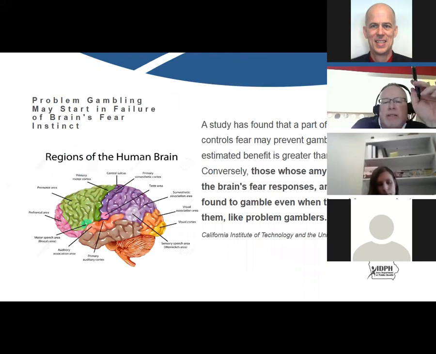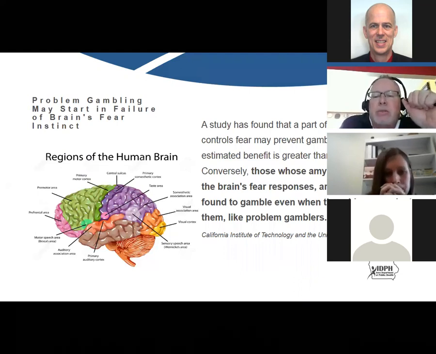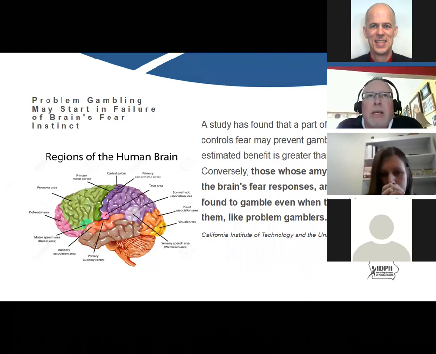In the amygdala, the fear response, one of the research studies found that if the amygdala was damaged in any way, shape, or form, and that could be through trauma, it produced gambling issues as a result. One of the things we know about gambling is that when gamblers are gambling, they're not in the prefrontal cortex, the decision making.